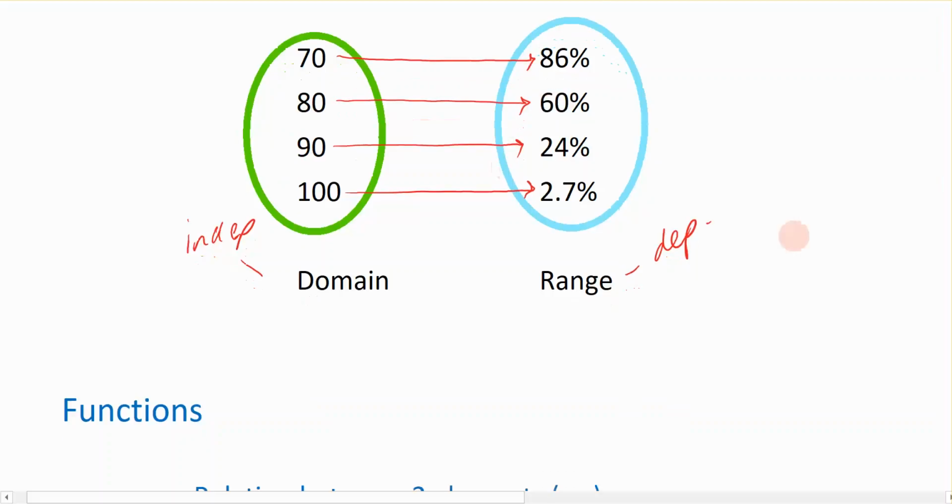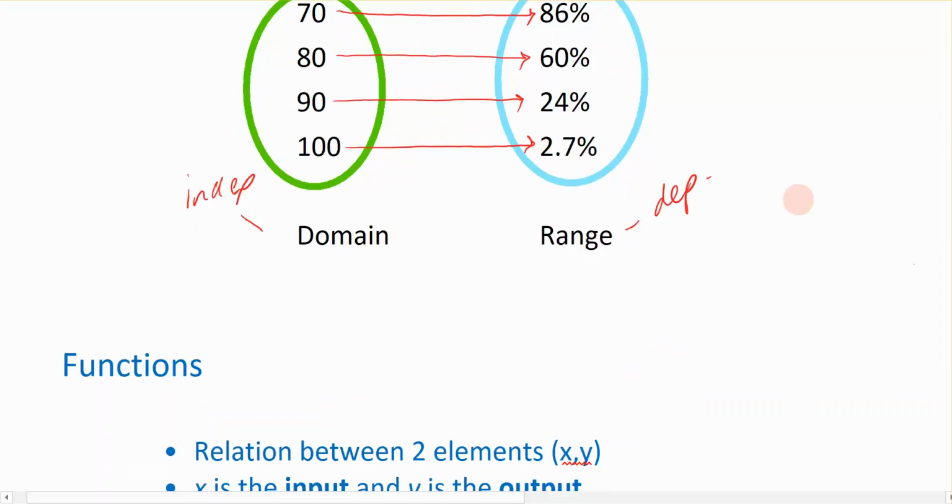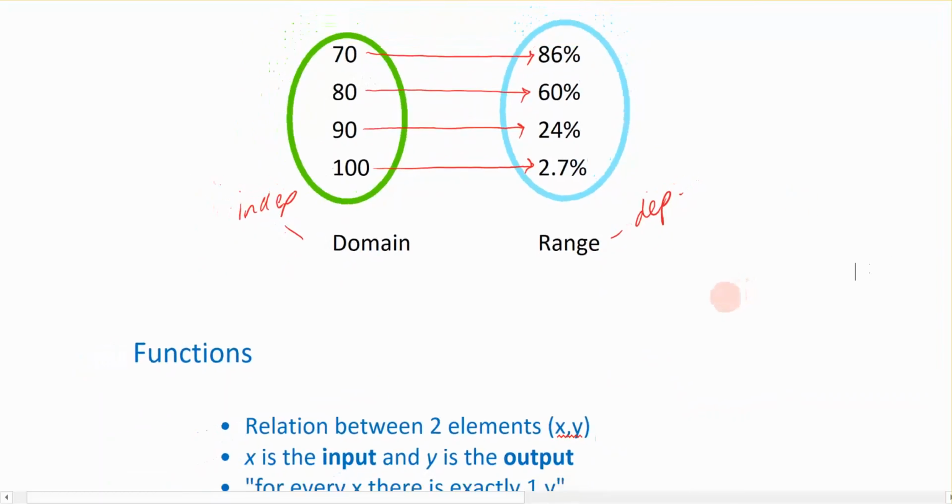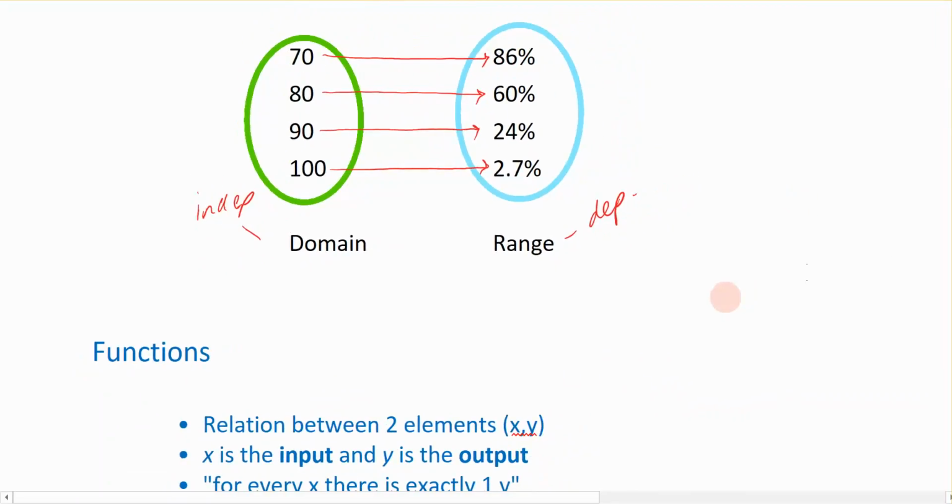Now, further talking about the definition of a function, we have x as the input and y as the output. So if the domain is considered our x value and the range is considered the y value, x is my input and y is the output. If I put in an age of 70, then my output is going to be 86%.